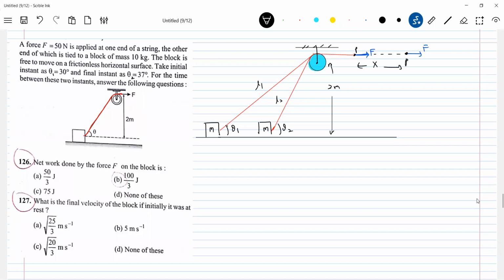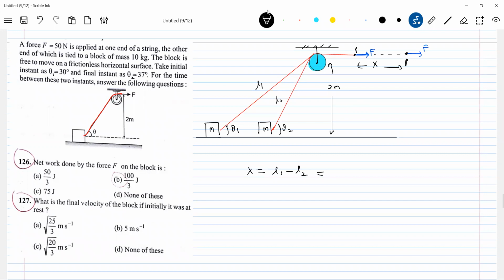That X is the decrease in length of the string here. The decrease in length of the string should be called increase in length. You can try this yourself also, it's not something very big. So what is X from the diagram? X is equal to L1 minus L2. But we don't know L1.